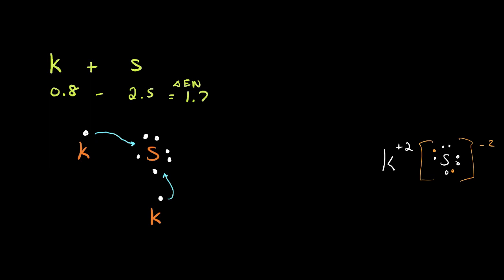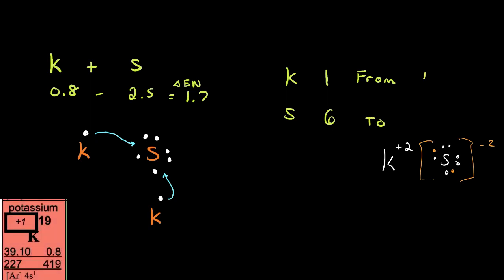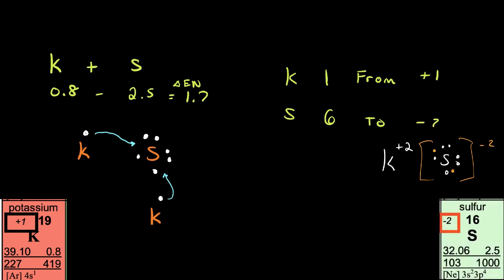Now when we fill in our stuff, you have potassium, you have sulfur. Potassium had 1 valence electron, sulfur had 6. The transfer is going to be from the metal to the nonmetal. Potassium will lose an electron, becoming more positive. Sulfur gains 2 electrons, so it becomes more negative by 2.